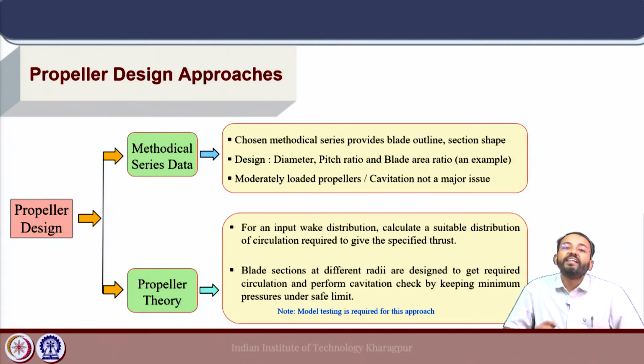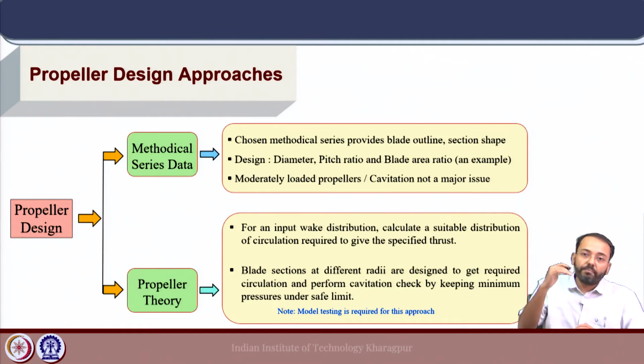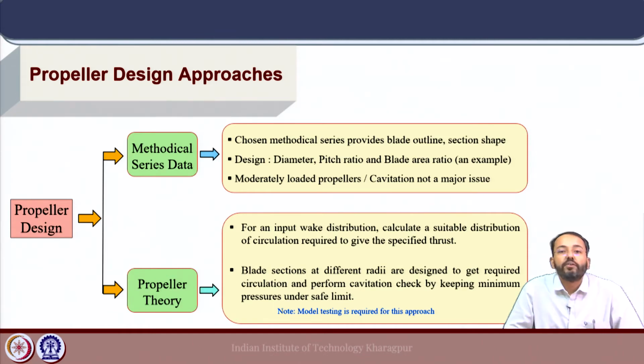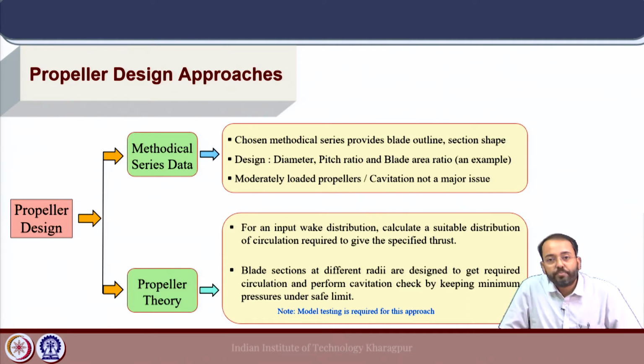And then at different radial sections of the propeller blade, the values of circulation distributions can be used to design the sections. In this process, the propeller designer has a greater freedom as compared to a series design method, because one can choose different types of sections depending on the circulation distribution which needs to be satisfied, in addition to keeping the minimum pressures under the safe limit.